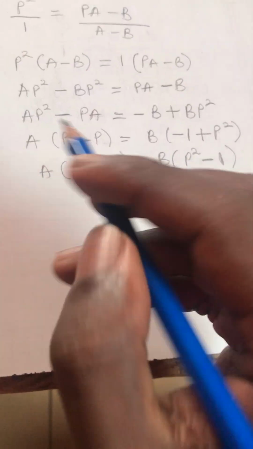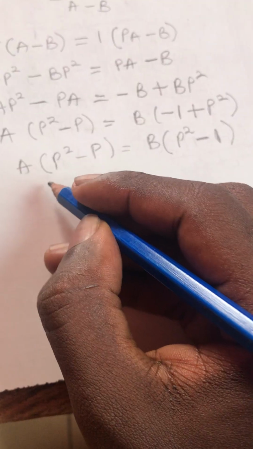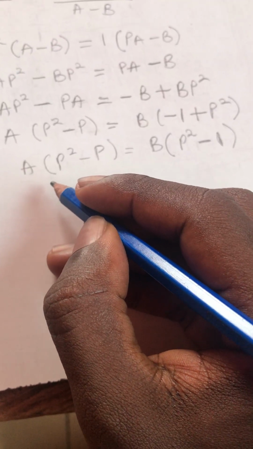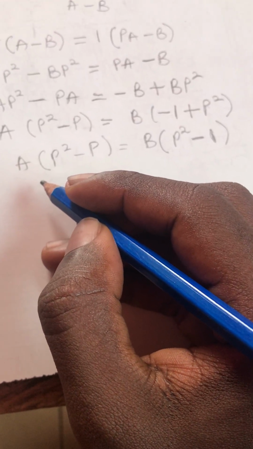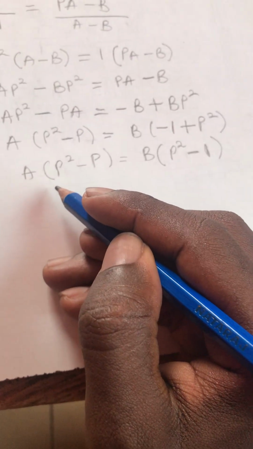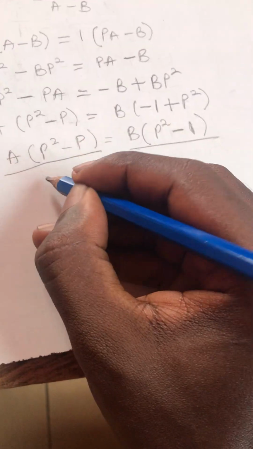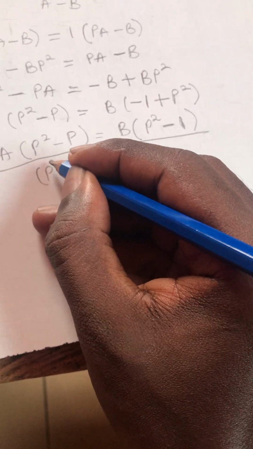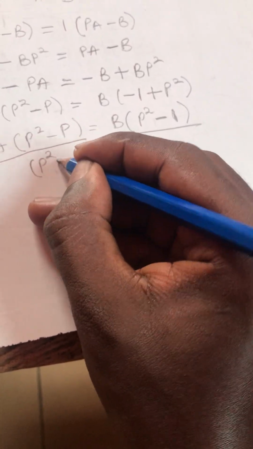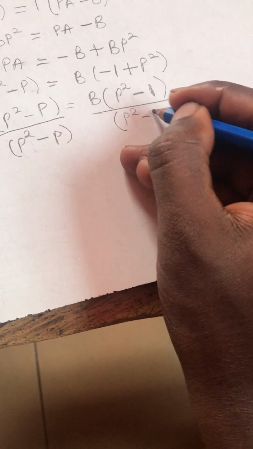And based on the preamble of our question, we want A to be the subject of the relation, so we have to cancel out the dependent variable, which is P squared minus P, in brackets. And whatever you do for the left hand side of the equation, you do the same for the right hand side. So we would have to divide both sides by P squared minus P, right?